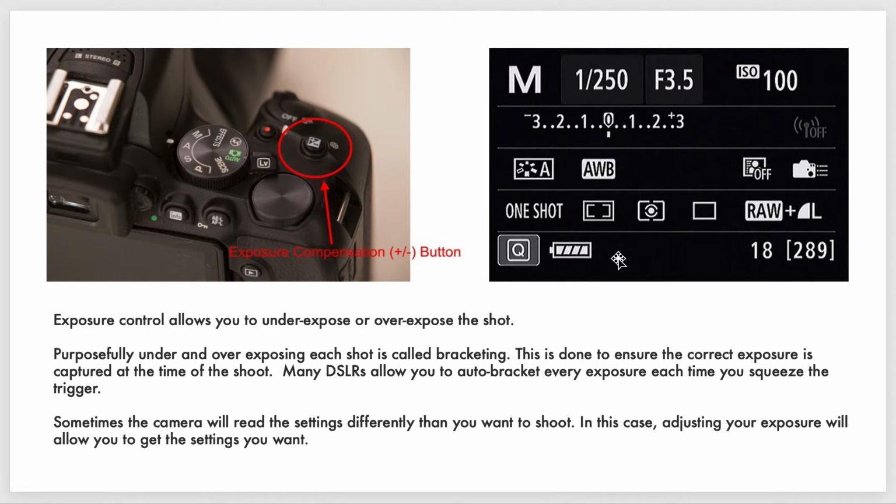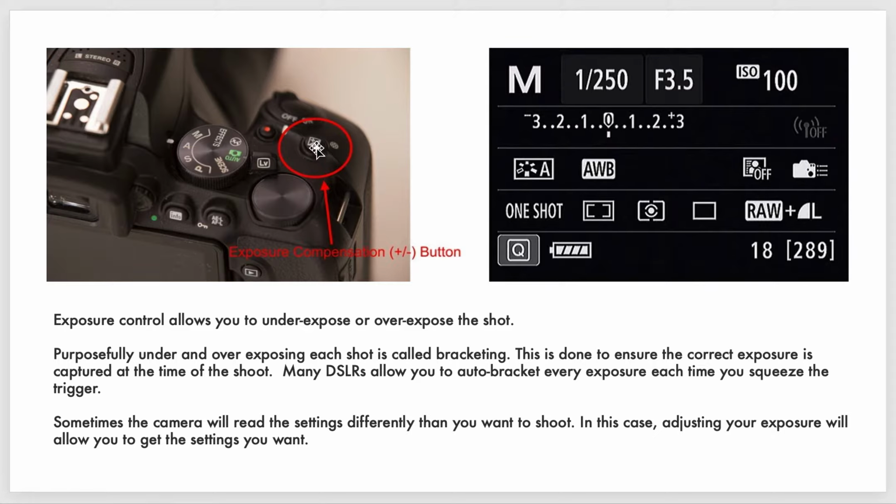So on the digital here, the camera's in manual, and the shutter has been set to 250th of a second, the f-stop to 3.5, and the ISO to 100. Based on those numbers, you take a shot, and based on whether it looks properly exposed or not, you can make adjustments here.